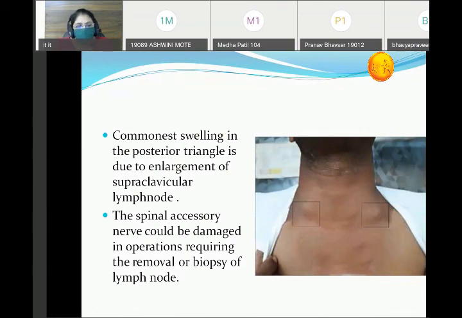In this figure you can appreciate the enlargement of the supraclavicular group of lymph nodes. So during block dissection, removal, or biopsy of this lymph node, you have to take care of the spinal accessory nerve, which could be damaged at the posterior border of the sternocleidomastoid muscle.